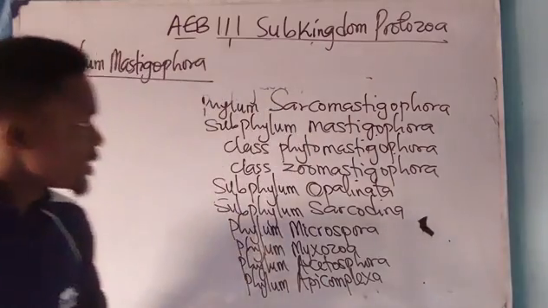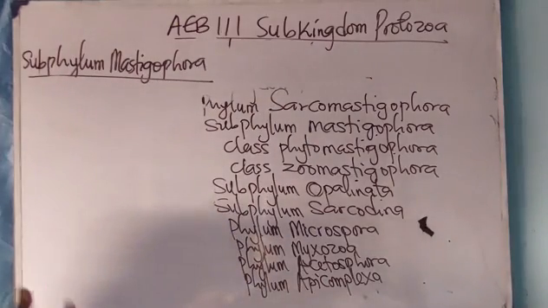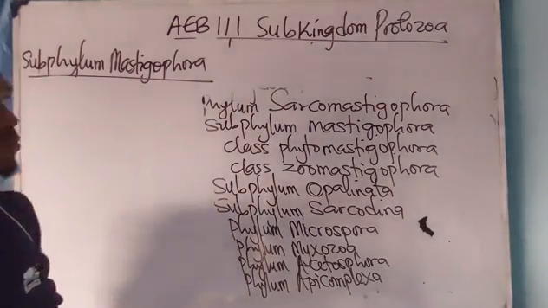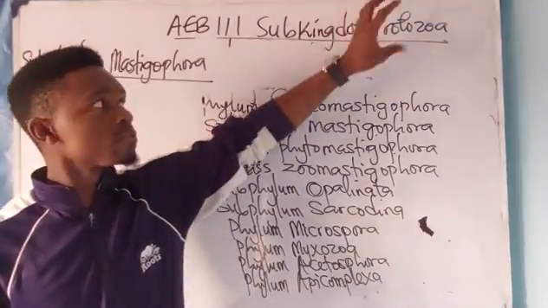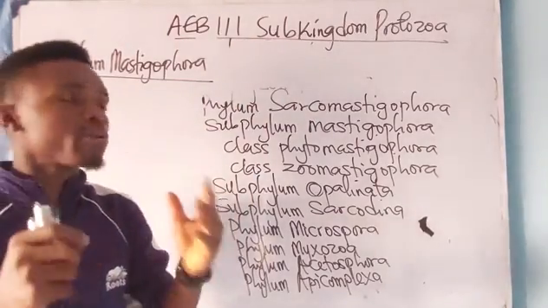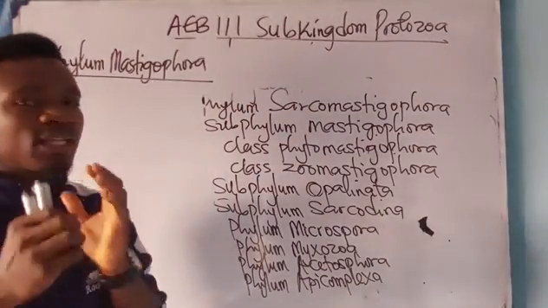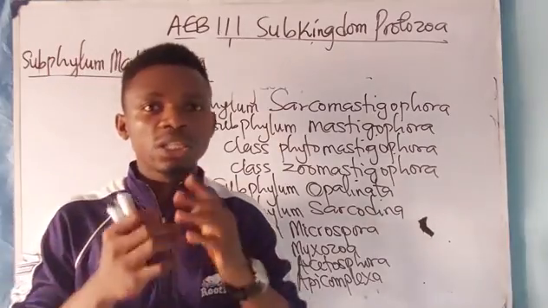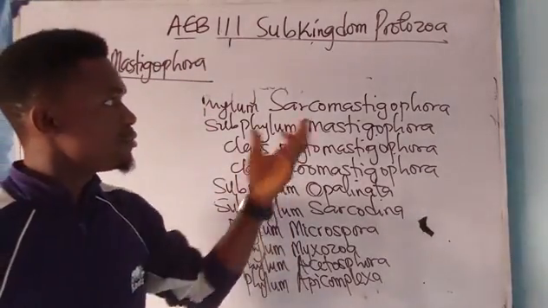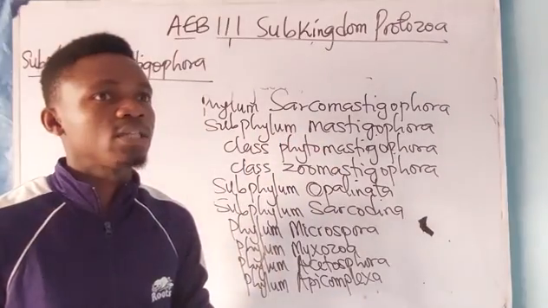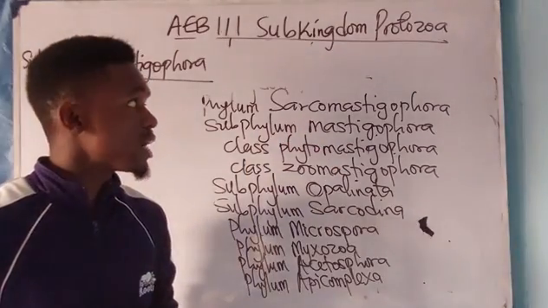They are green algae, or photosynthetic microscopic organisms. I believe we know that most of these organisms are microscopic, which means they are seen under the magnification of the electron microscope, and a few of them are seen with the unaided eye. Take note of that.